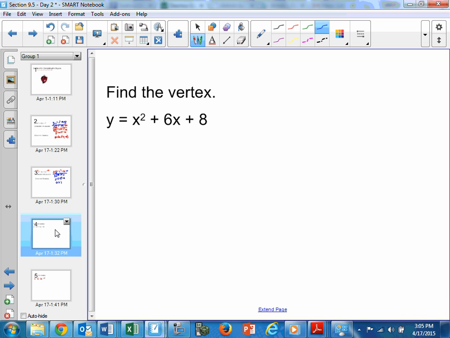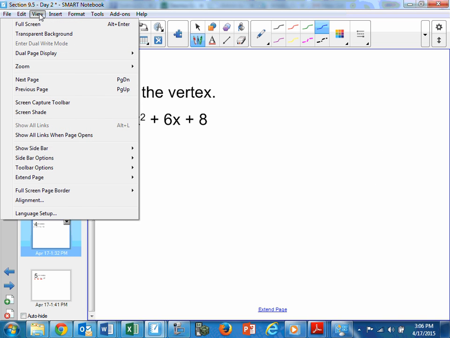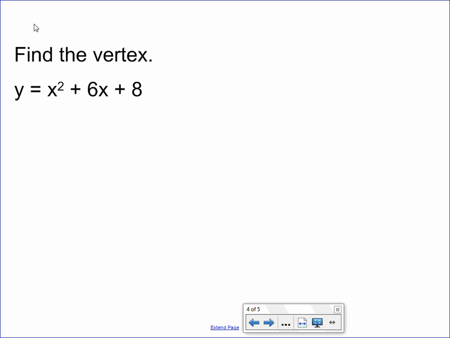Now, if I asked you to just find the vertex here, the process is exactly what we have been doing. I'd subtract an 8 from both sides. So now I've got y minus 8 equals x squared plus 6x. Then to complete the square, half of the 6 is 3, squared is 9.